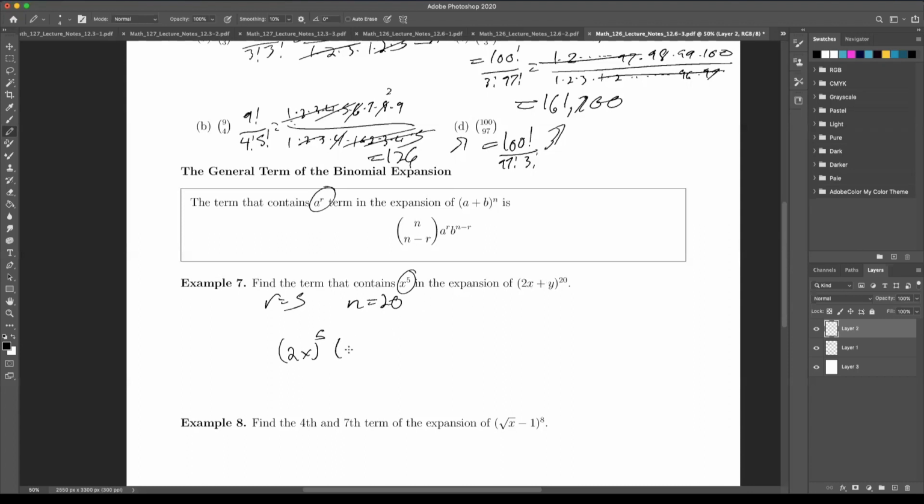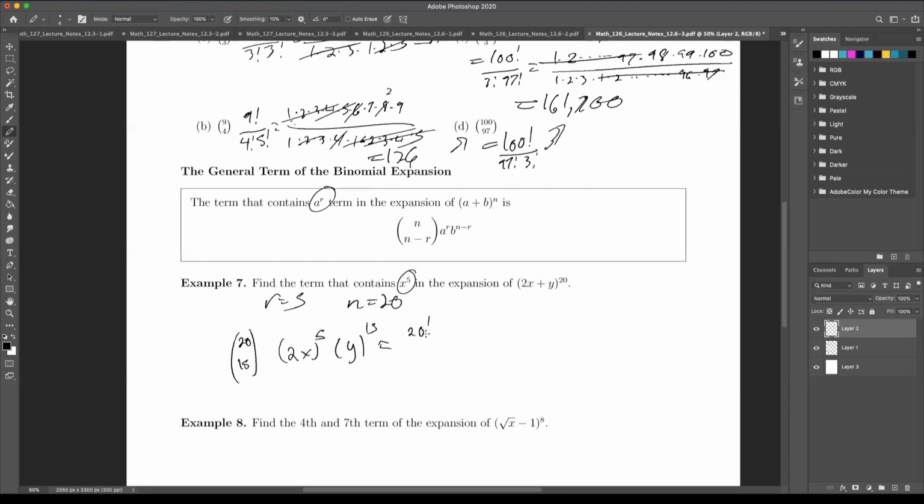We're going to have y raised to the power 20 minus 5, which gives us 15. And then we're going to choose, n here is 20, we're going to choose r, which is 5, and n minus r is 15.